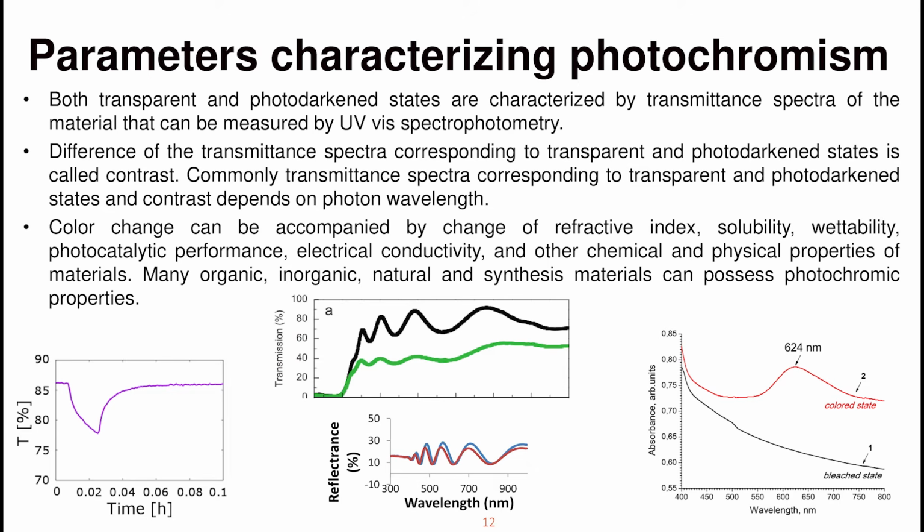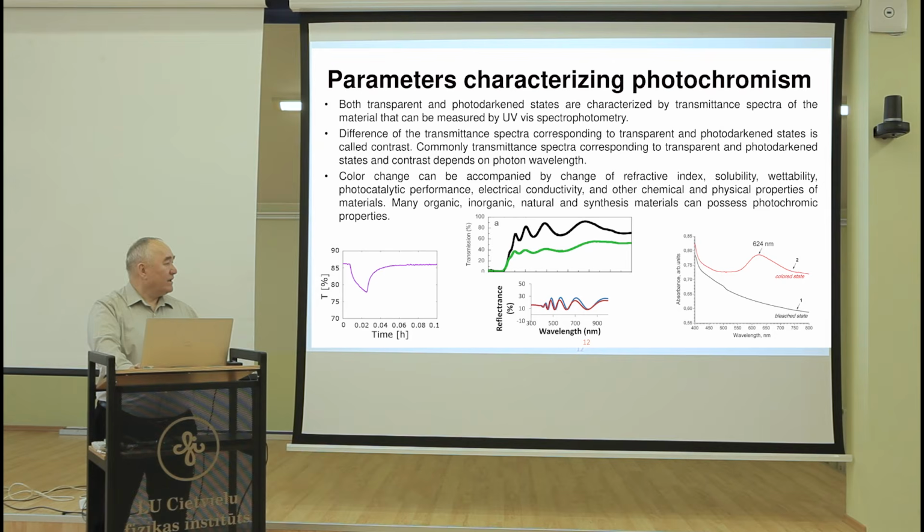Both the transparent state and the photochromic state will be characterized by transmittance spectra, as I showed you in previous slides. Absorbance spectra and reflectance spectra can also be used for characterizing photochromic films.